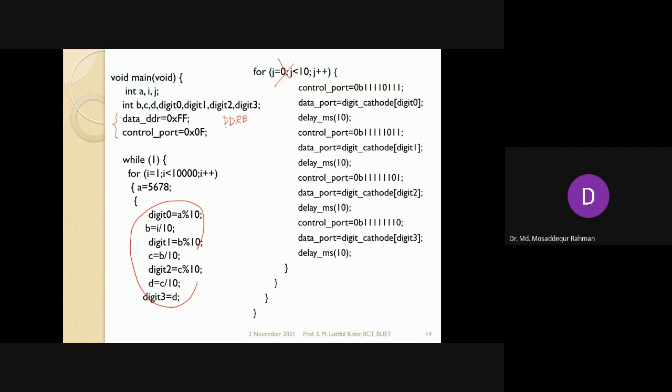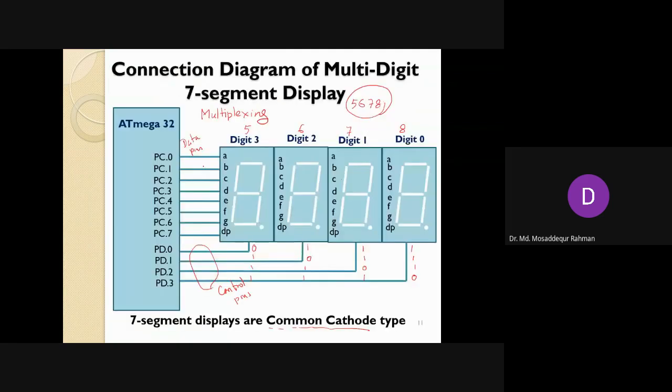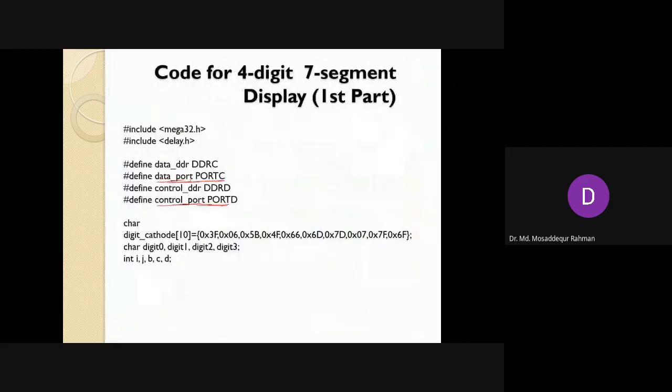So DDRB has to be an output port. Port C is the control port. Right? So port C is our data port, not port B.